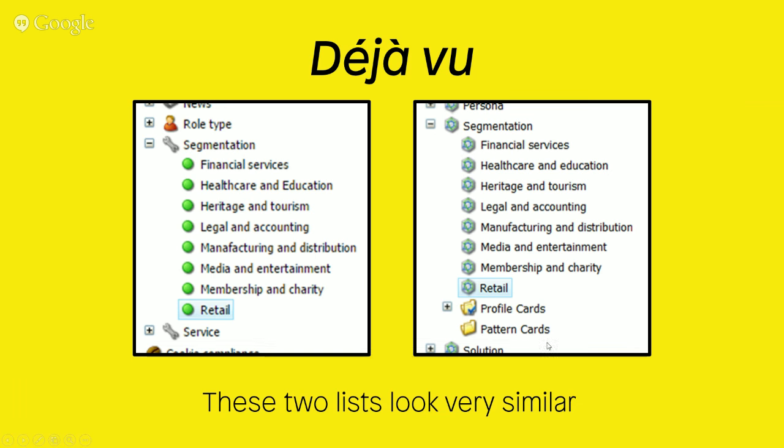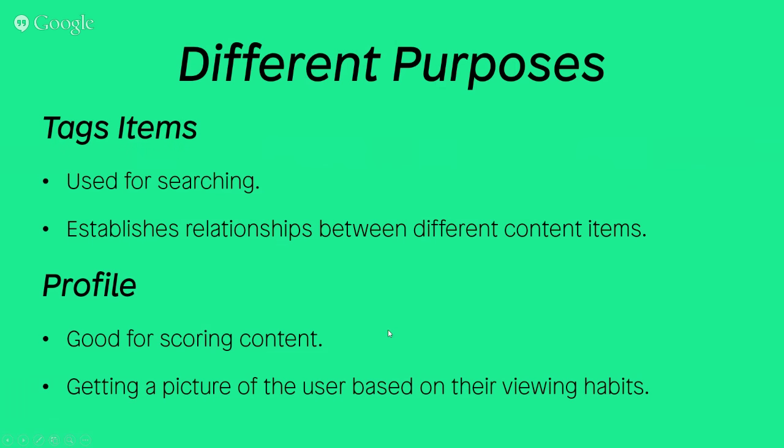As developers, we're fine with that because we understand that these two lists have very different purposes. The tag items, we use them for searching for content and for identifying relationships between different content items. So like those queries that I showed you earlier, we can pull out different items based on those categories.